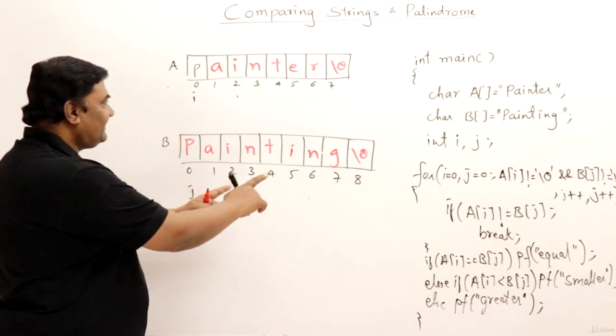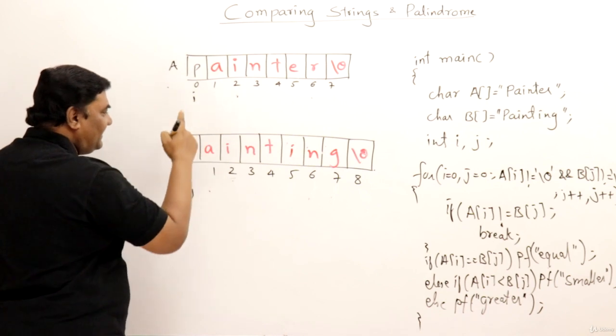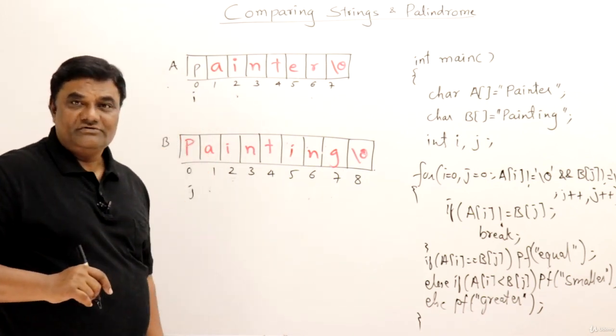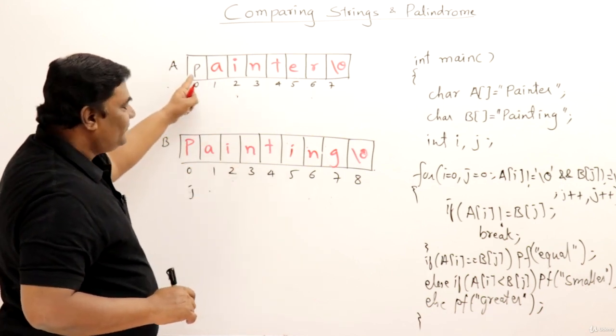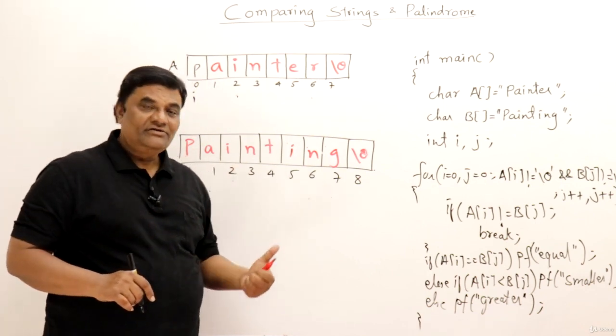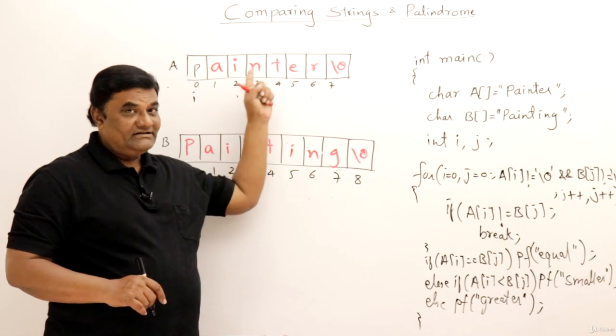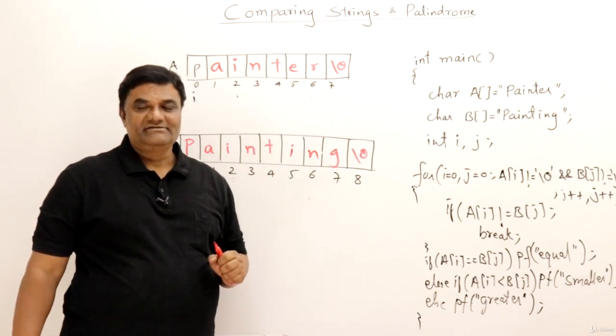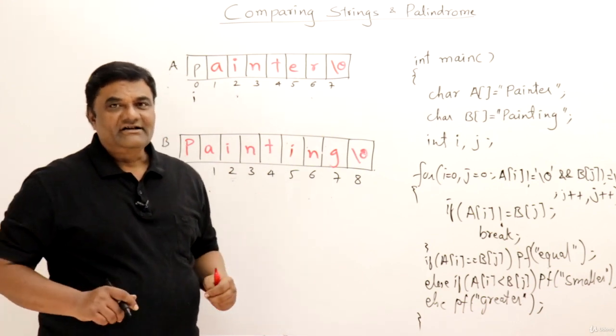It will not check the next character because this is greater than this one, because capital P comes first in ASCII codes and small letter p comes next. So this string will be smaller and that will be greater, depending on the cases of alphabets. So this is how the strings are compared.